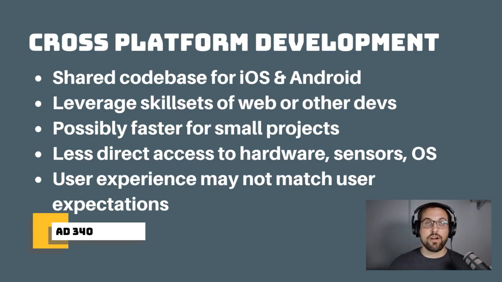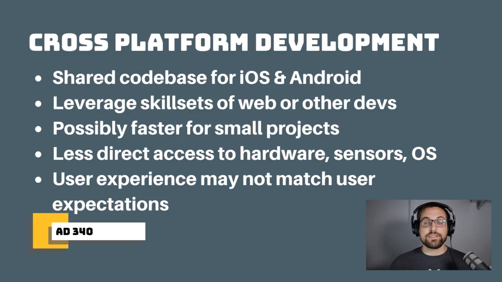Now, next up is cross-platform development. Cross-platform development aims to write a single code base, really a single app, that can be used on both iOS and Android. This is a great way to leverage the skills of web developers in particular for something like React Native, or just other developers on your team, because they can learn a single language and set of tools and build apps for both platforms.